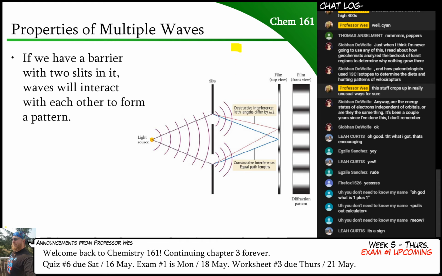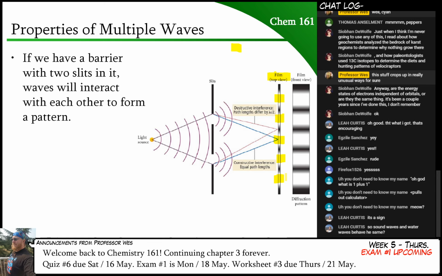And so, when the light hits the film, anywhere where the light has added together is going to show up as bright. So these bright spots are where the waves added together. The dim spots are going to be where the waves canceled out. And what ends up happening is that we get film that looks like this right here. And this is called a diffraction pattern.